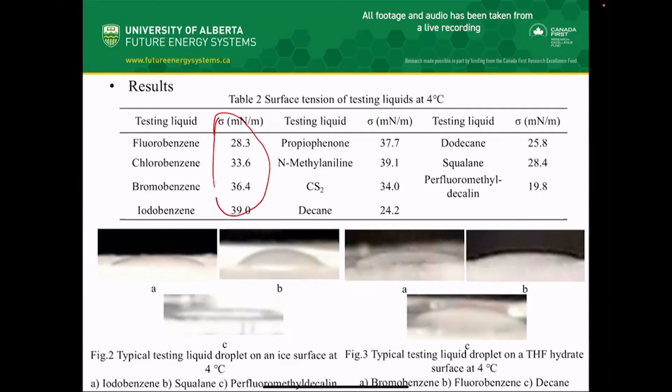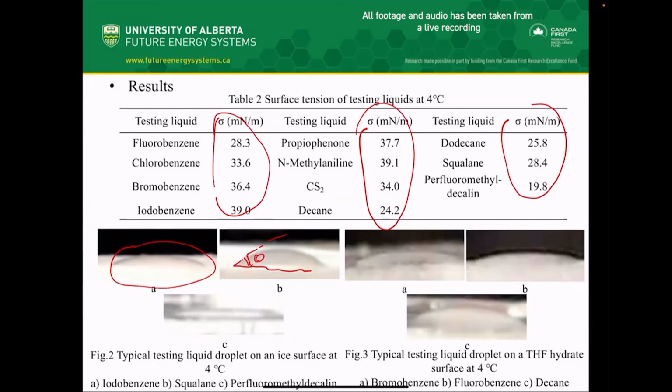It is shown here, these 3 columns. And we also capture the contact angle of a liquid droplet being placed above the solid surface, and we use a software called ImageJ to measure the theta here.